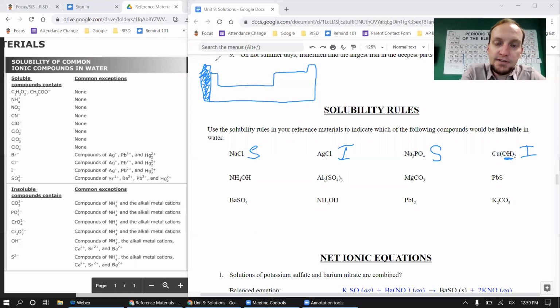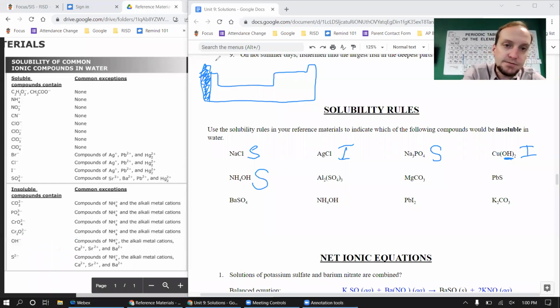All right, let's do a few more of these. I'll do 4 more with you. So next is ammonium hydroxide. Hydroxide is, again, still right here. Its exceptions are ammonium, alkali metal cations, calcium, strontium, and barium. Well, we have ammonium. Because ammonium is the exception, it is no longer insoluble. That makes it the opposite, which makes it soluble.